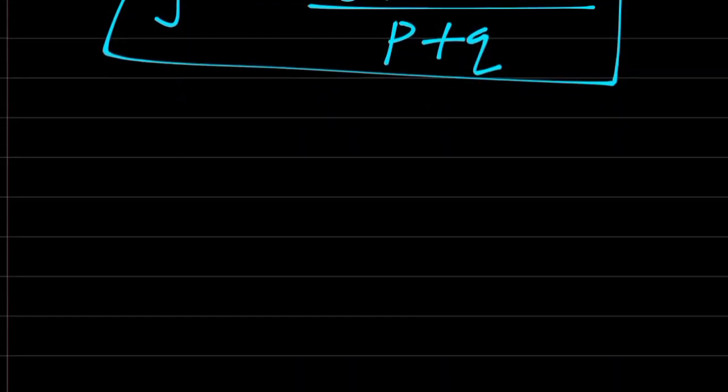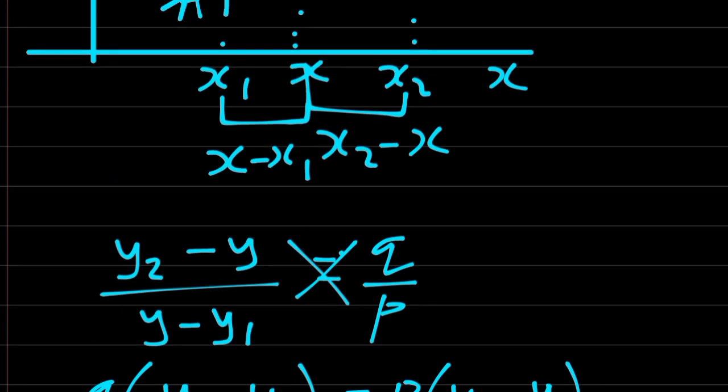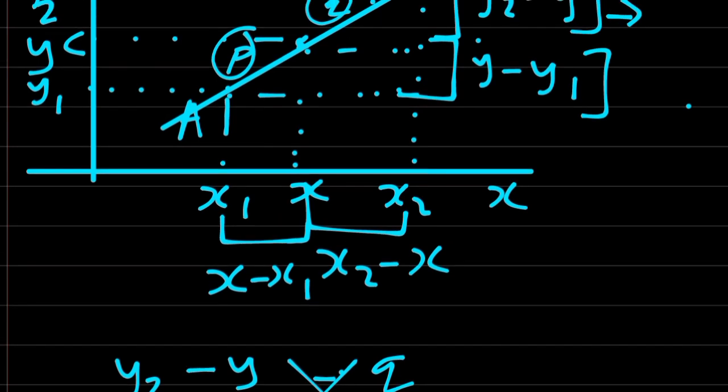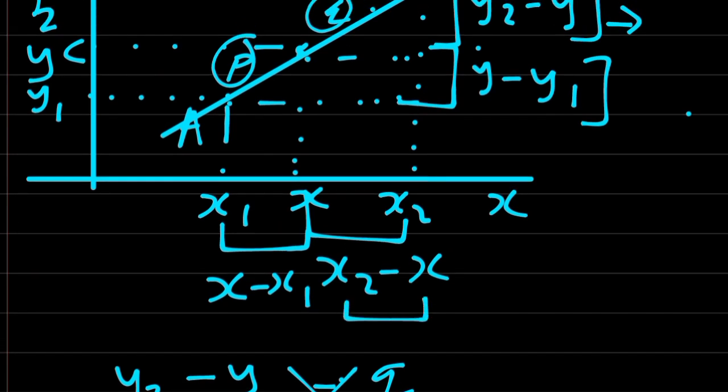The same process for X axis. For X axis, we have X2 minus X and then X minus X1.